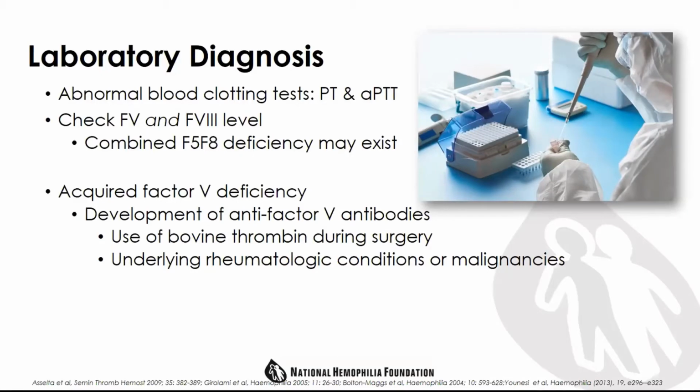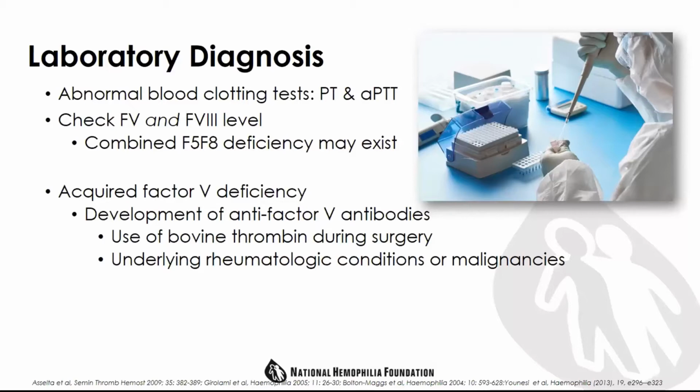Acquired factor V deficiency is a rare condition, which basically means that you could have low factor V levels because of certain medical conditions, which are rheumatological conditions or malignancies, or rarely if bovine thrombin was used during a surgical procedure. This is a medication which is used to control bleeding during certain surgeries.